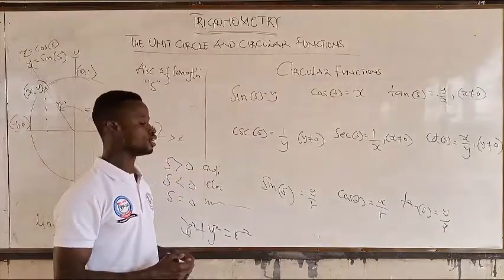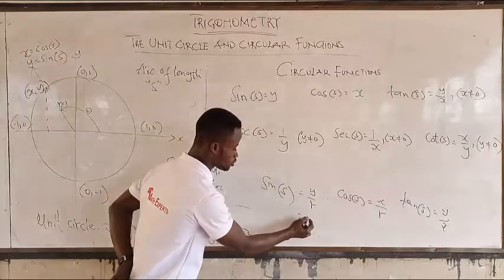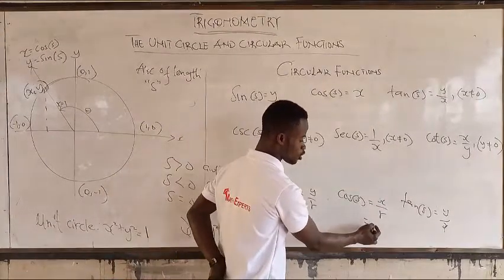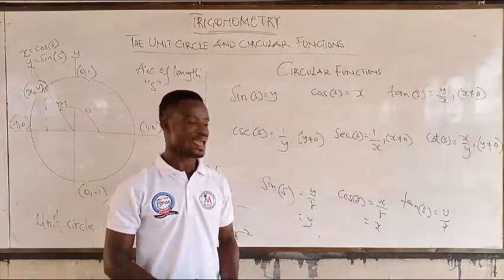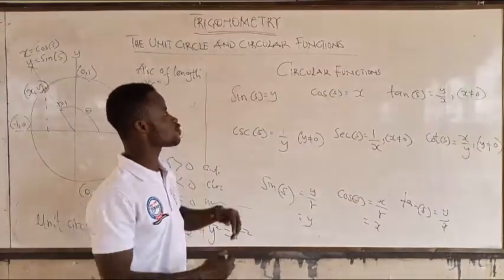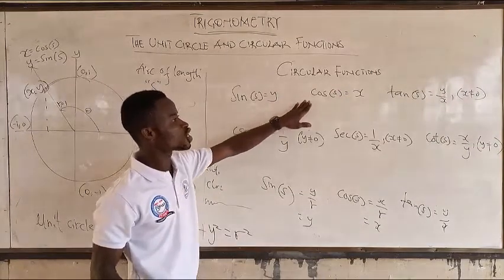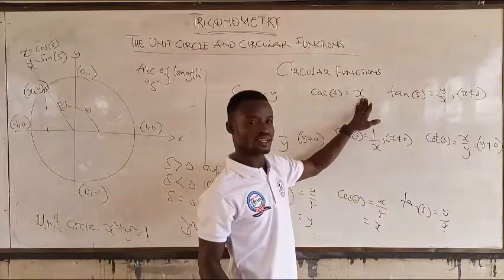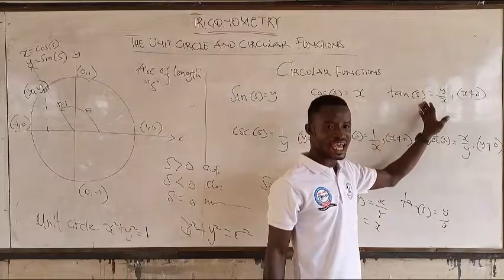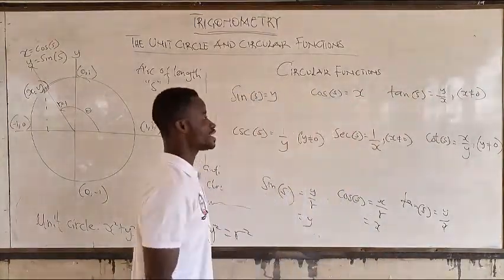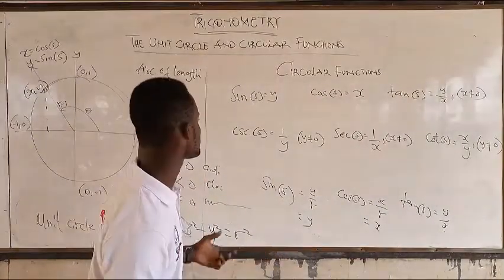When you put r equal to 1, you get y here. If you put r equal to 1, you get x here. This one is going to be y over x. So that is what we have on the circular functions. So now sine x is y, cos x is x, and tan x is y over x, where x cannot be zero because for it to be considered, the function would be undefined.